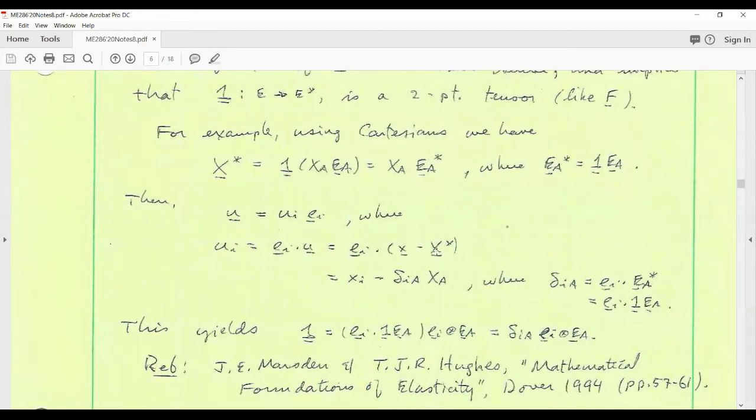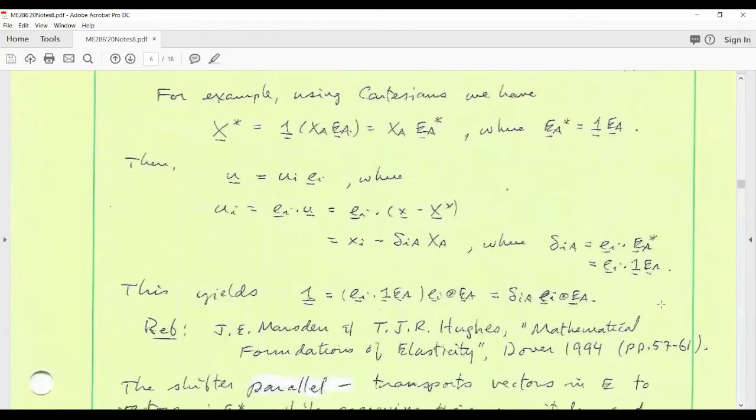EI dot x star would be EI dot xa E star A. So here's the xa. EI dot EA star, I'll call it delta IA. And that's, of course, because EA star is 1 EA.